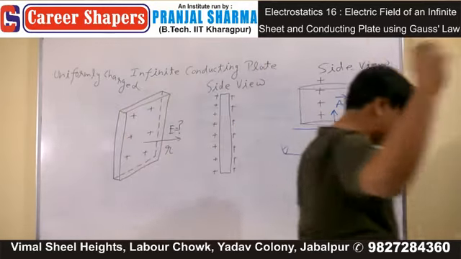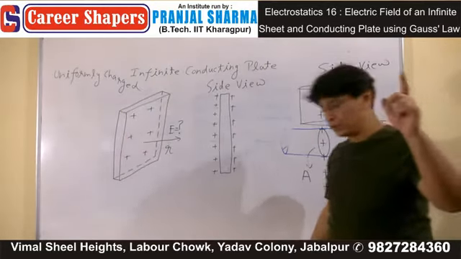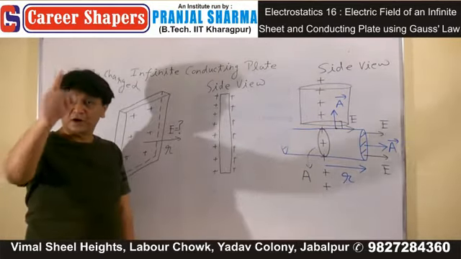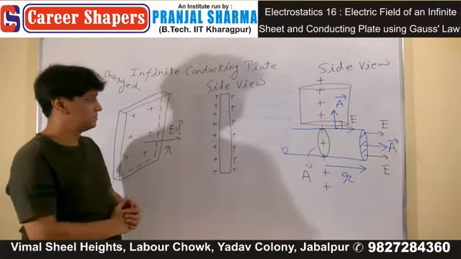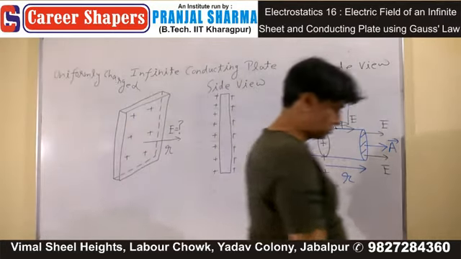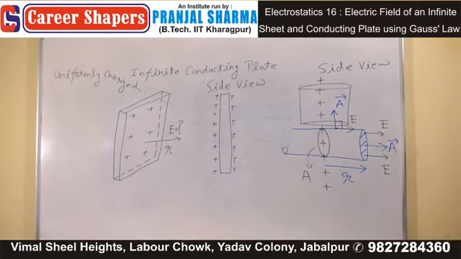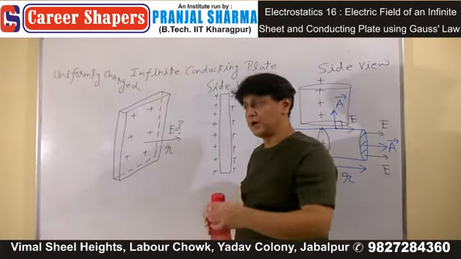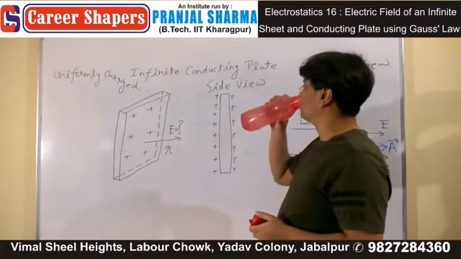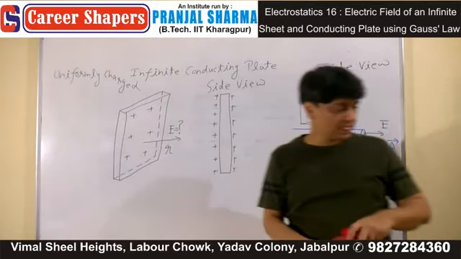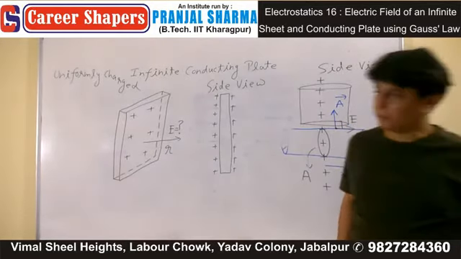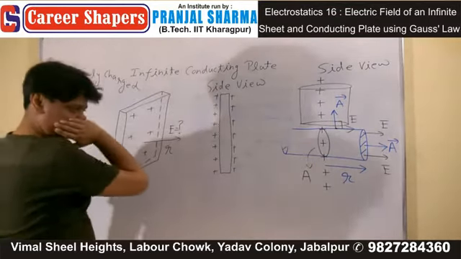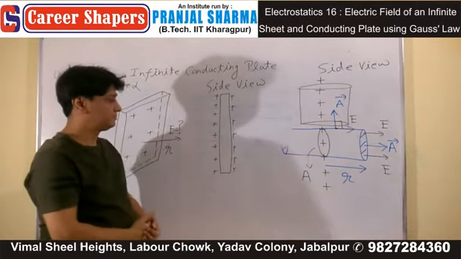You add this line also to the statement where you have written that inside a conductor there can be no electric field. Continue that statement, which also means that there can be no charge inside a conductor at equilibrium.